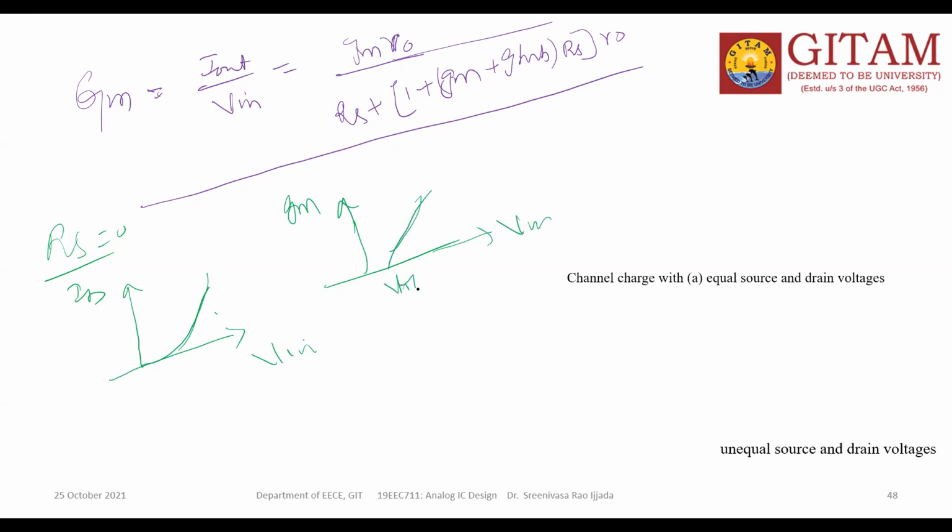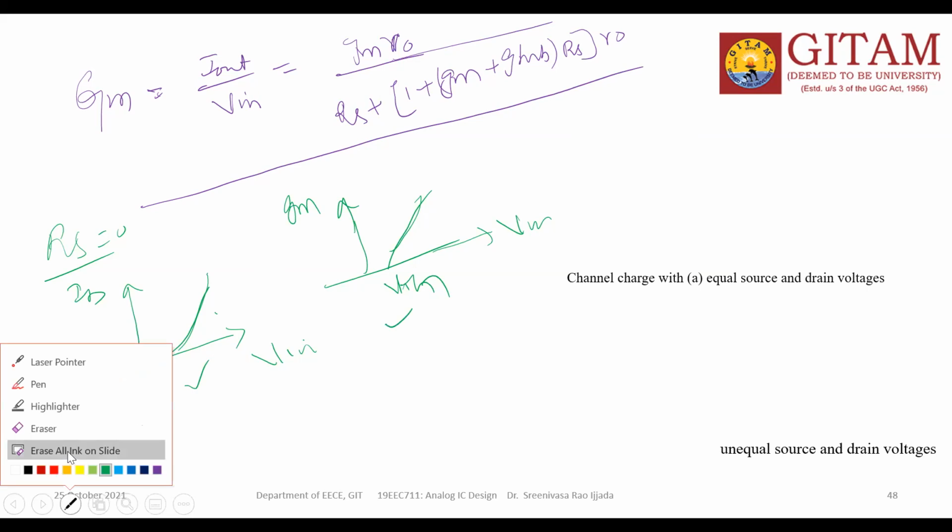VTH here. So whenever Rs is not equal to 0, now Rs is present here. So in the source degeneration circuit, Rs is there. So now these two characteristics will be improved, and we will get more linearity. How, I will show you.